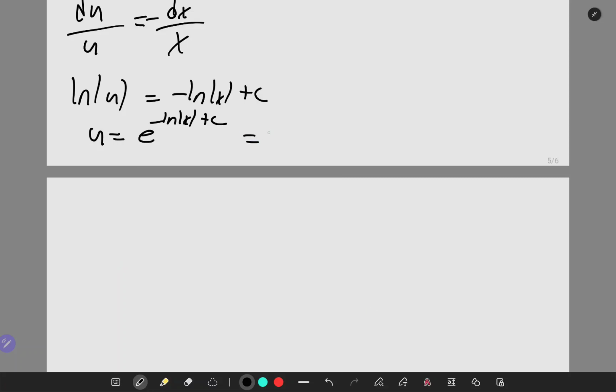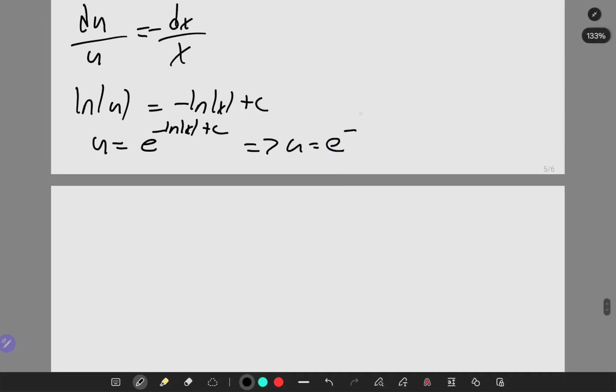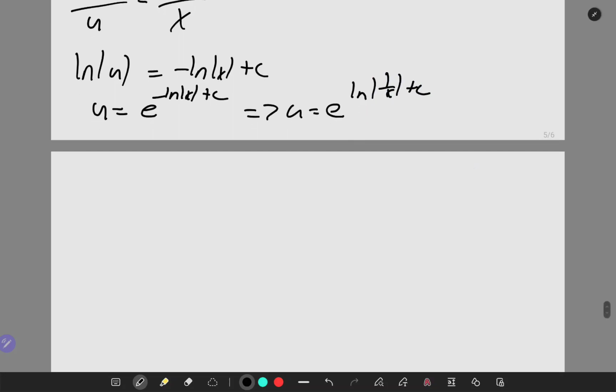Sorry, I did it correctly on the left side and messed it up on the right. This can be rewritten, and then this will become c times 1 over x. So then u is equal to c over x.